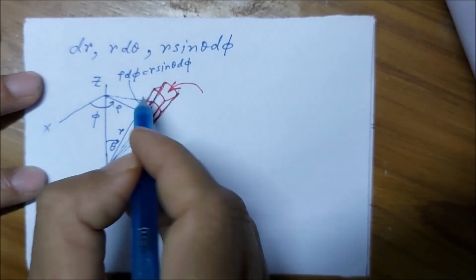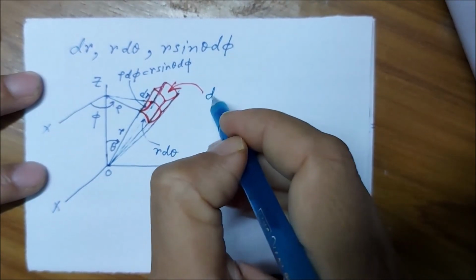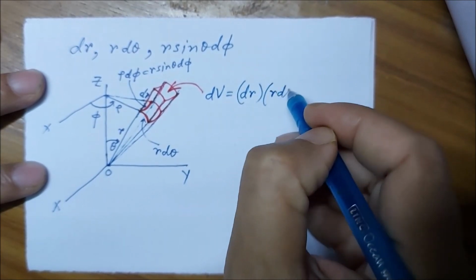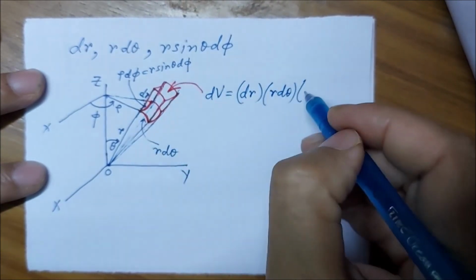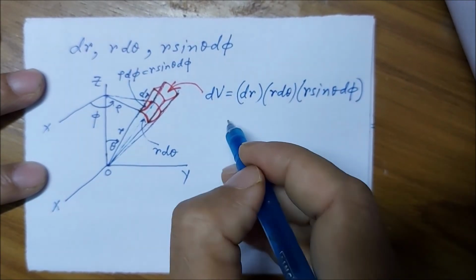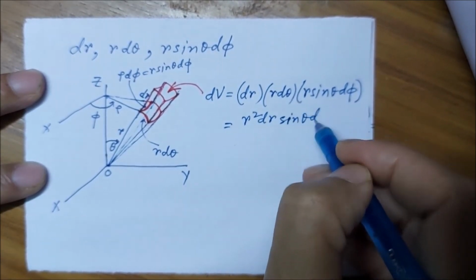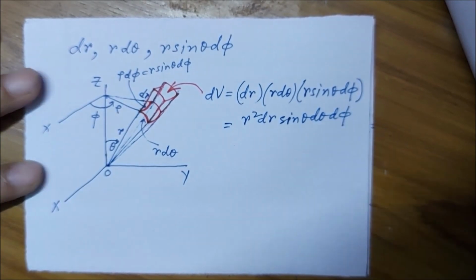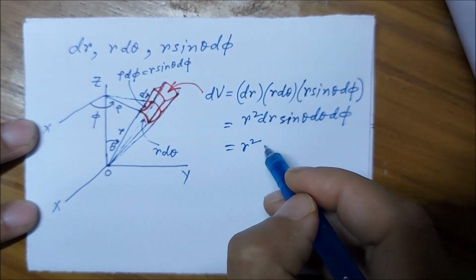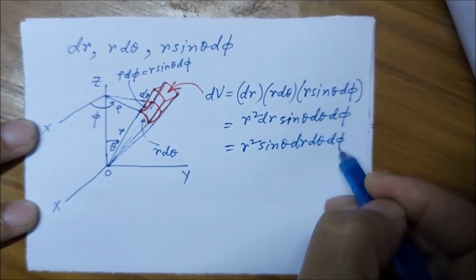Now these heights are dr. So we have dv which is equal to dr into r d theta into r sin theta d phi. So it is r square dr sin theta d theta d phi, or you can put it as r square sin theta dr d theta d phi.